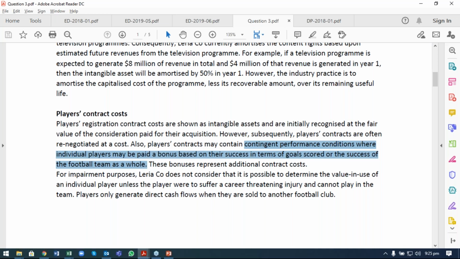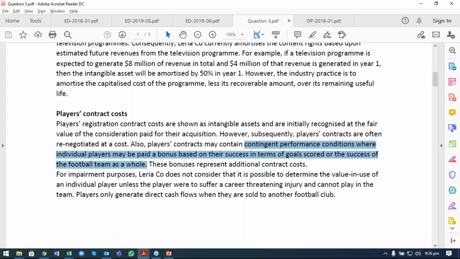If a parent company is required to pay some contingent consideration to the shareholders of the subsidiary company who left the company, that contingent consideration has to be recorded based on the probable estimate that should be paid in future. Even in this case, if there is a contingent consideration with respect to employee performance, and you think about how probable it is that you're going to pay the bonuses to the players, you have to recognize it immediately.